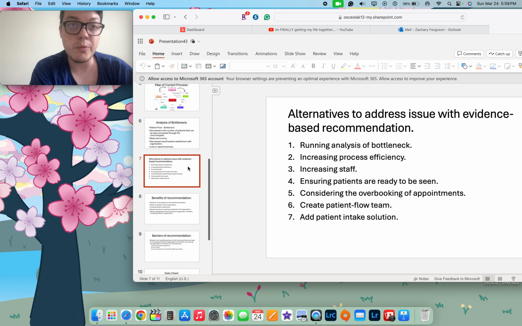Considering the overbooking of appointments, if we overbook appointments, if there are not enough healthcare providers, then they can't be seen if there's not enough people to look after them. And then we can create a patient flow team of new employees or current employees, and create a new team for that, and then patient intake solutions.